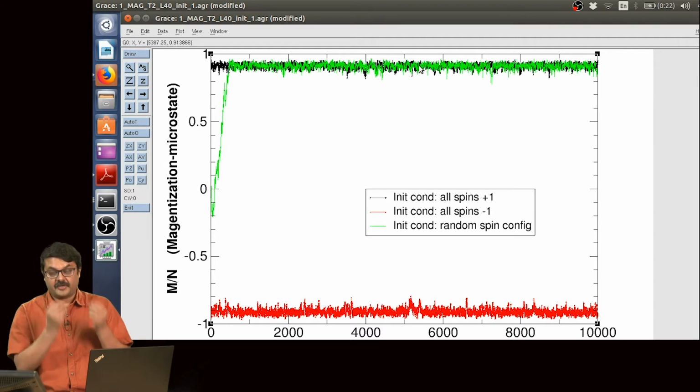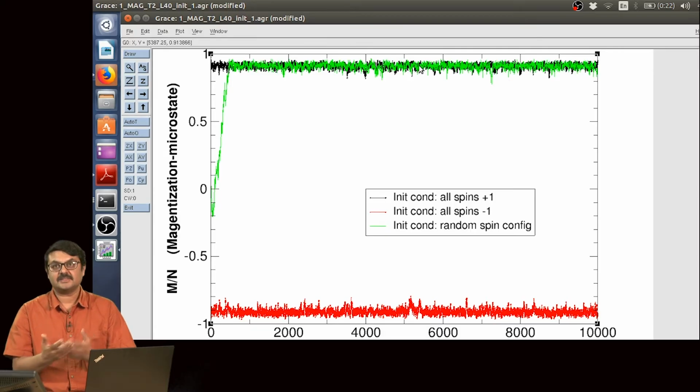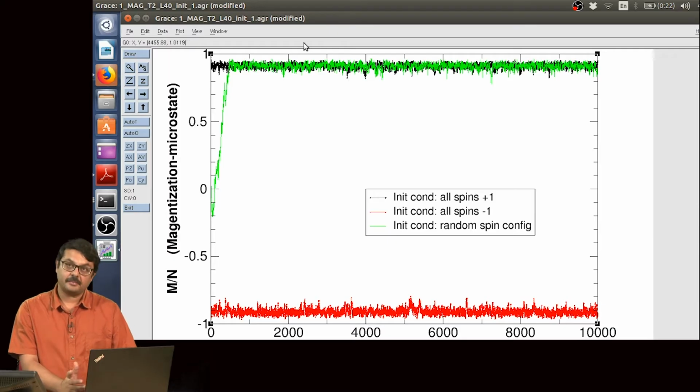Your thermodynamic state, which consists of many microstates in equilibrium, will not depend upon your initial condition. So, here it started from +1 and fluctuated around 0.9, here it is -0.9.